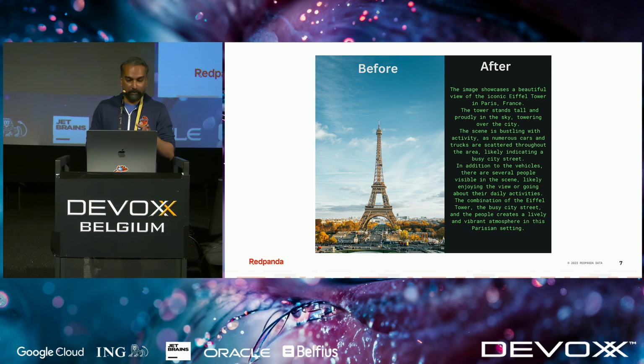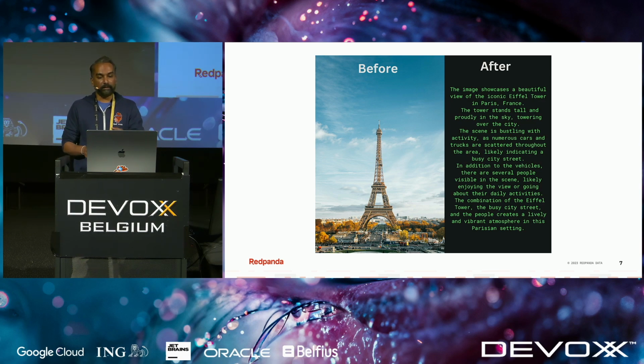In this case, if I give this model the Eiffel Tower and ask it to narrate it, it will come up with something like this, you will see. By changing your prompt and by adding more specific instructions, you can control what you get as the response. You can also control the length or the verbosity of this response by limiting the number of tokens.